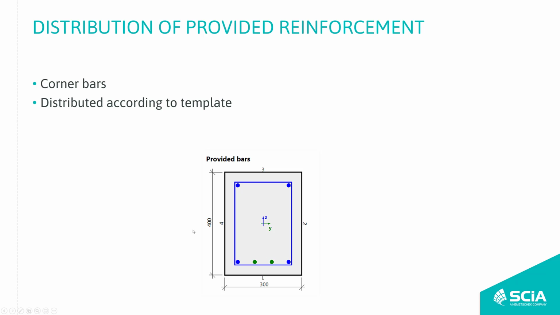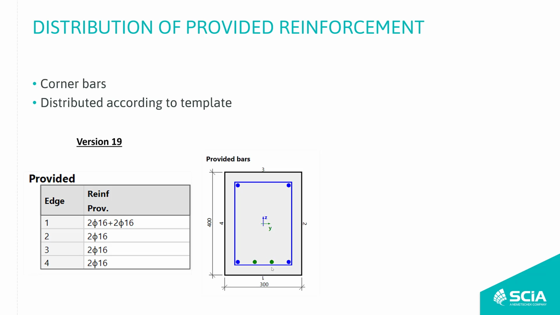I have such a cross section which is reinforced with 4 corner bars, and 2 of them are on this side, let's say the additional ones. In version 19.1, you can see this table for provided reinforcement, where I have all the edges of the cross section plus the reinforcement which belongs to the edge.